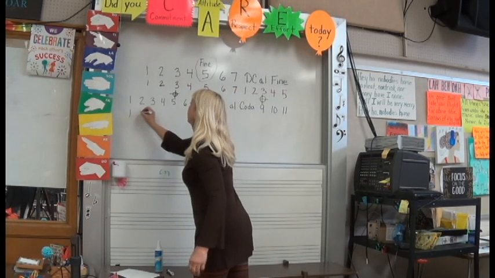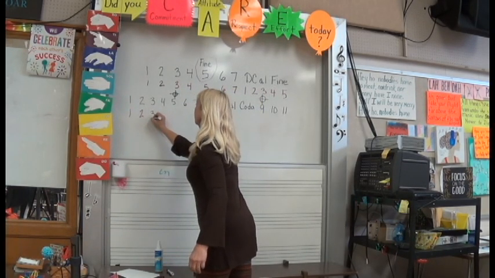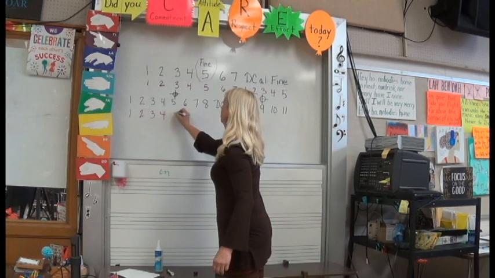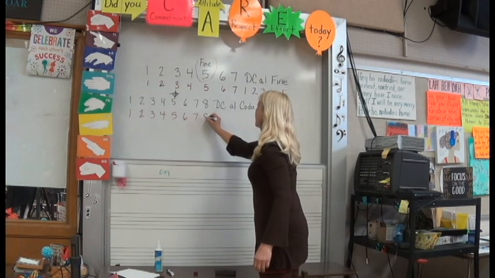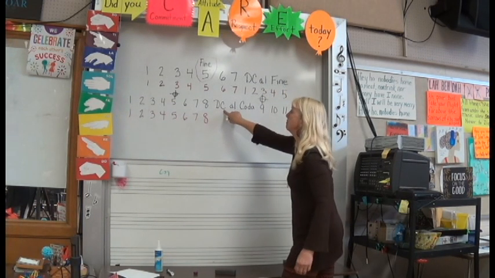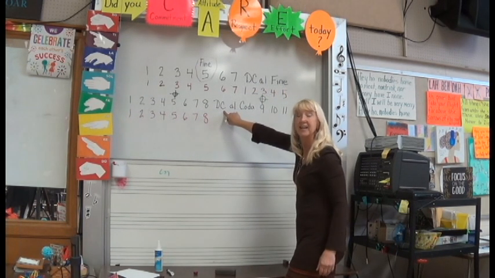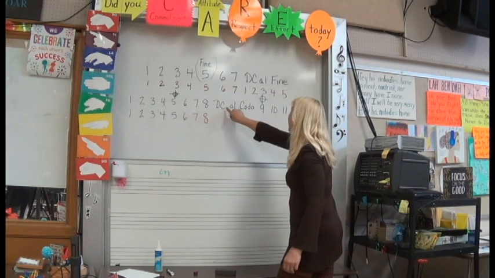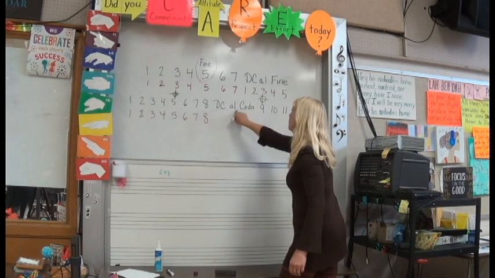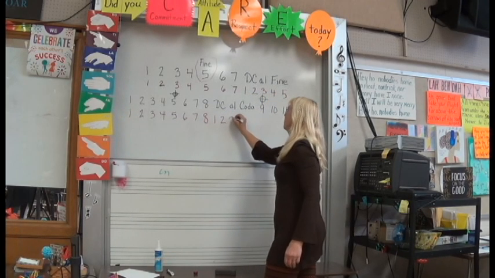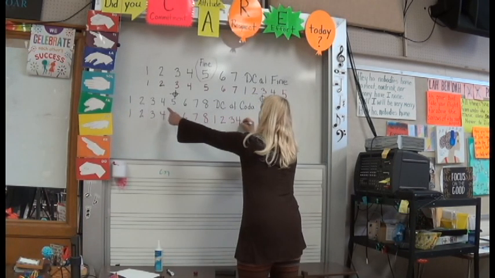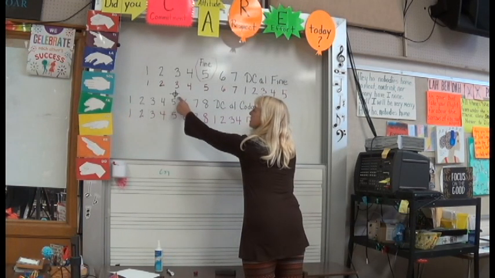So, it's 1, 2, 3, 4, 5, 6, 7, 8. DC means to go back where? Yes, the beginning. And then we're going to look for the coda sign. So here we go. 1, 2, 3, 4, 5 has the coda sign.